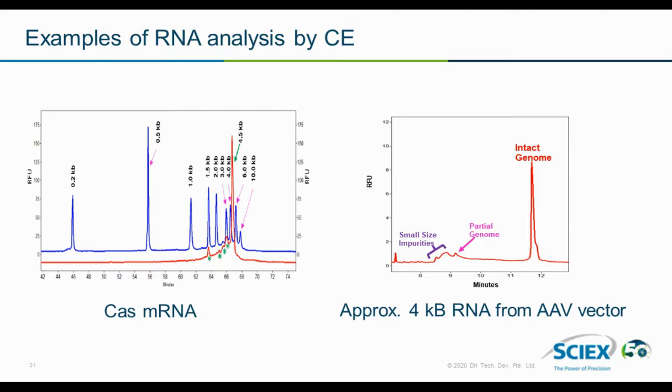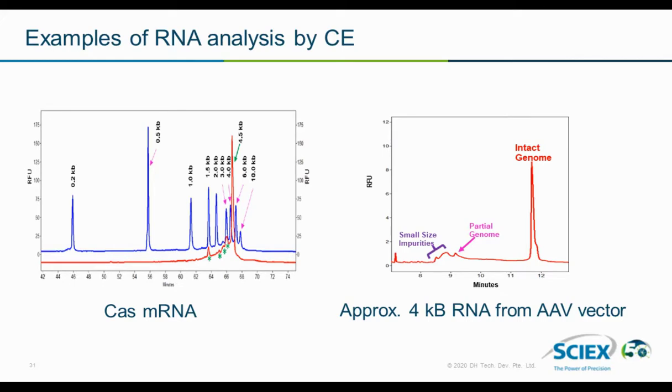And this RNA molecule is used in sort of a gene therapy medicine. So it's actually present within an AAV viral vector. AAV stands for adeno-associated virus vector. So what we did for this particular assay is that we opened up the viral vector. We basically captured the genetic material, and then after capturing and using QA quick kits, which are commercially available, we just assayed using a similar kit to the Cas mRNA kit.